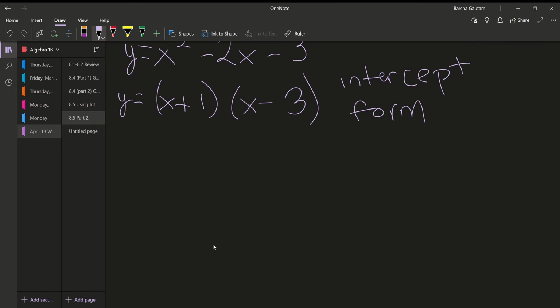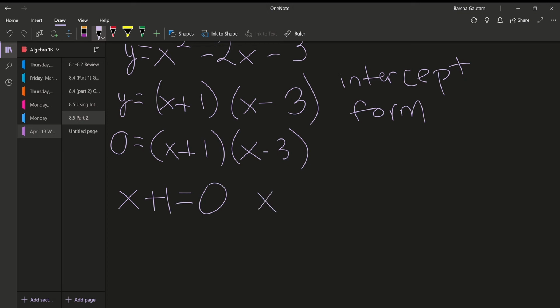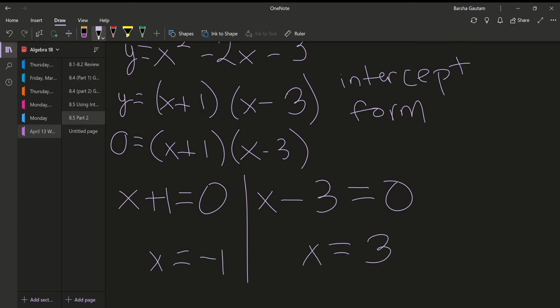So to find that, we need to set our y to 0, because an x-intercept is when y is equal to 0. So then we figure out what our x's are equal to. X plus 1 is equal to 0, and x minus 3 is equal to 0. And here we got x equals -1 and x equals +3. So those are our x-intercepts.